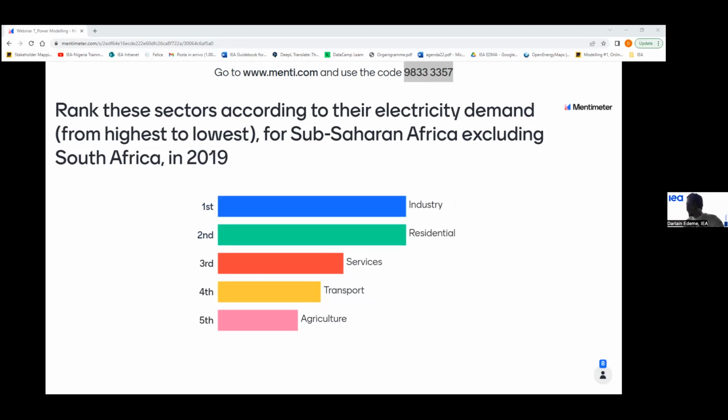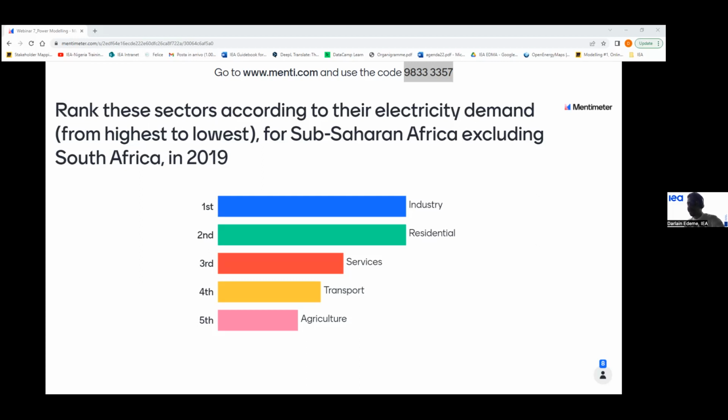So we have almost a perfect picture of the situation in Sub-Saharan Africa, because right now we have the residential sector, which is number 1, but the industry sector is really close, because they respectively demand on a yearly basis 80 terawatt hours and 75 terawatt hours. This is for 2019. So they are really close.